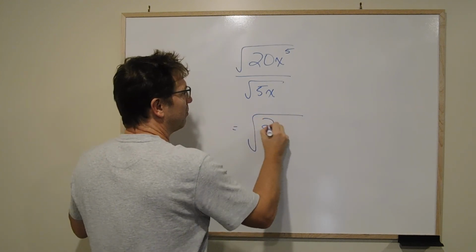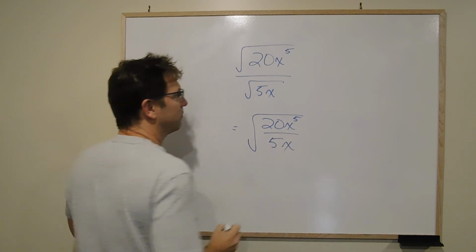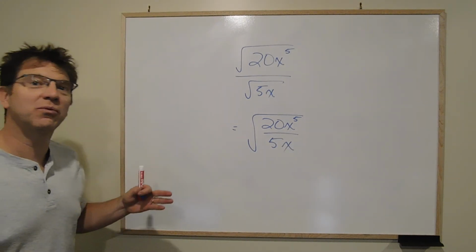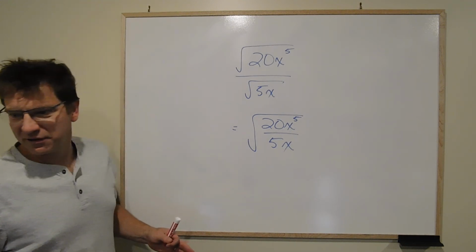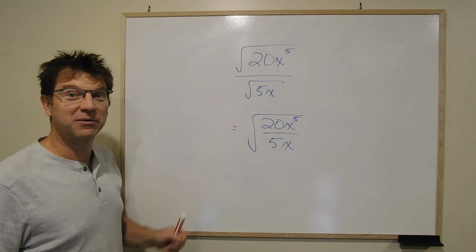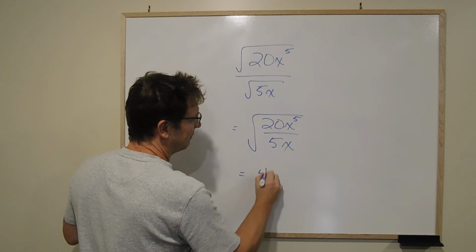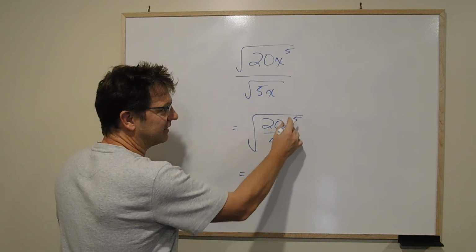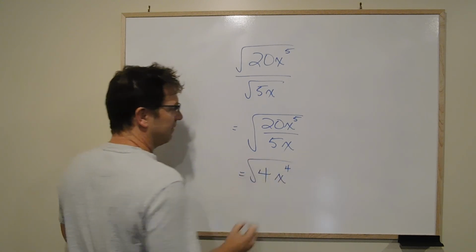I could think of it as one big square root if I wanted to, right? Instead of 2, and that works with multiplication and division. Does not work with addition and subtraction, but does work with multiplication and division, where you can make this one square root. Right? And then 20 divided by 5 is 4, and x to the 5th divided by x, using our exponent laws, is x to the 4th, okay?